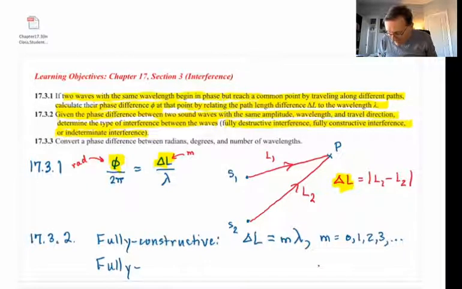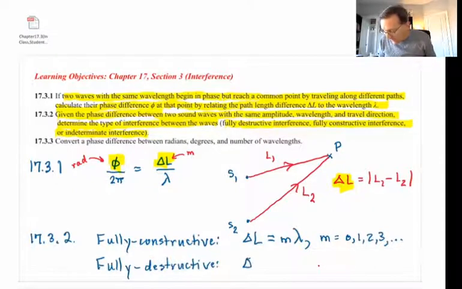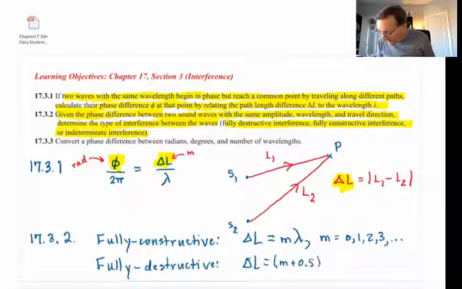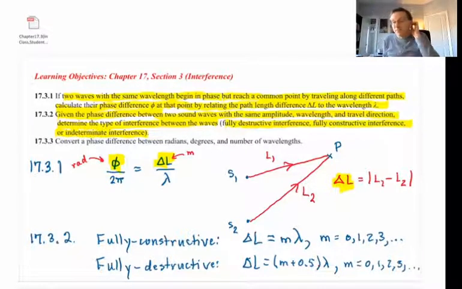For fully destructive interference, the condition is that the path length difference between the waves must be m plus 0.5 times lambda, where again m is an integer from that sequence.